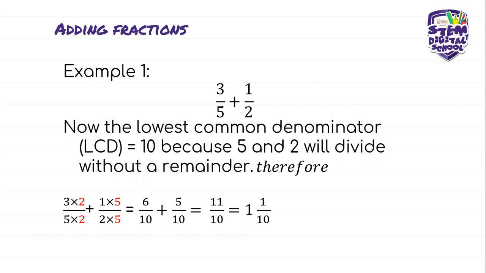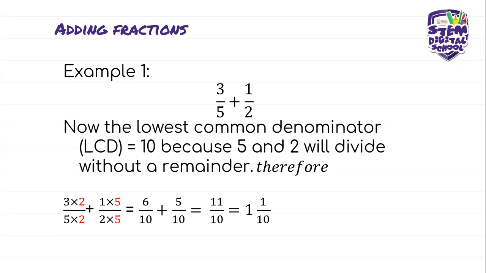Now, as I've just indicated in the previous slide, the most important thing for you to do is to find the lowest common denominator. And the lowest common denominator is 10.